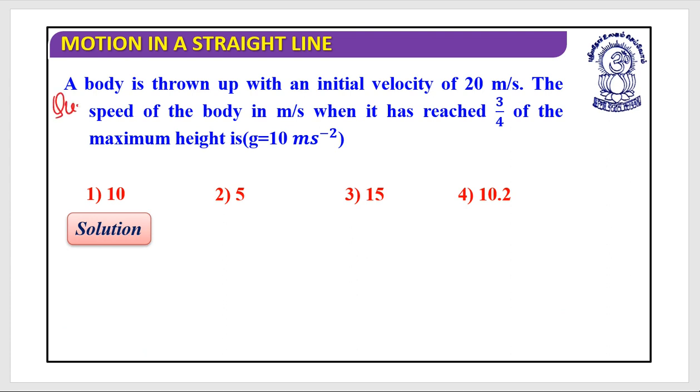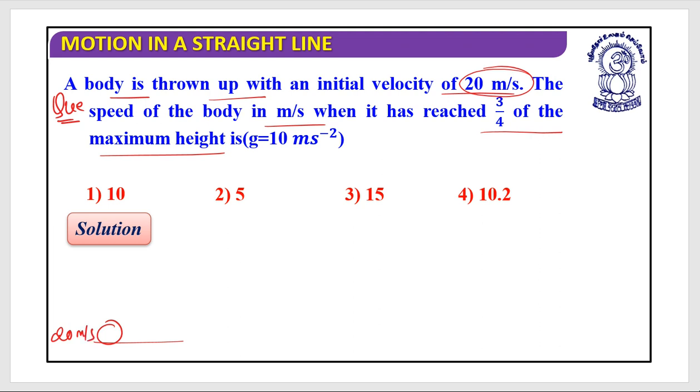It says that a body is thrown up with an initial velocity of 20 meter per second. Find the speed of the body in meter per second when it has reached 3/4 of the maximum height. So it has been released with an initial velocity of 20 meter per second from here.